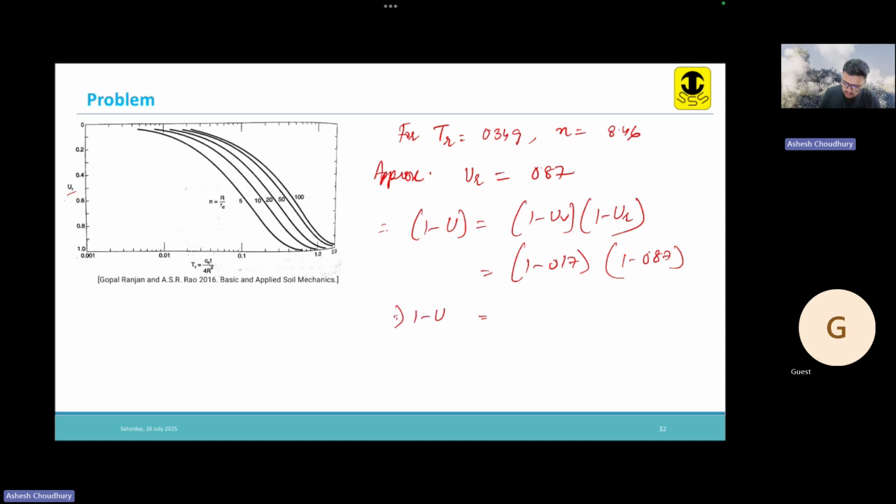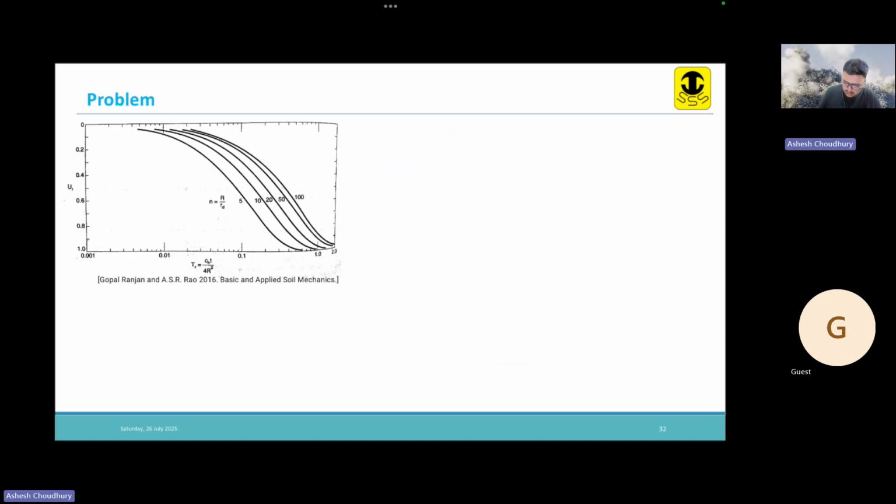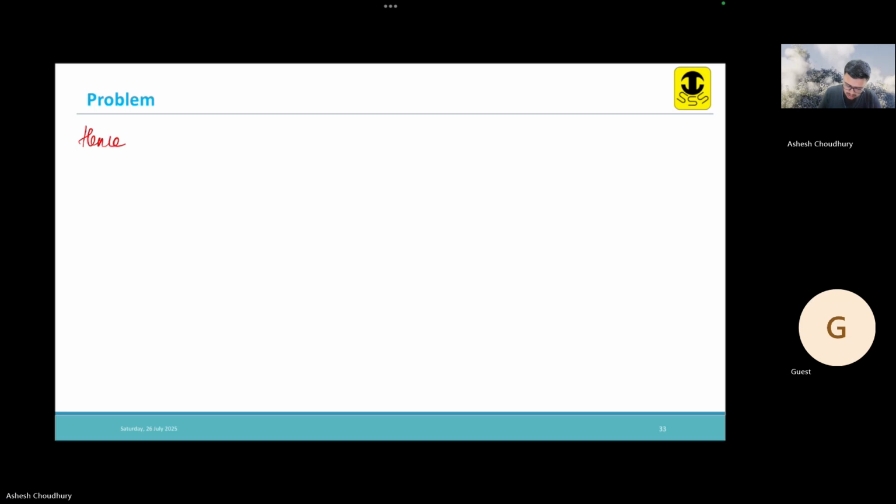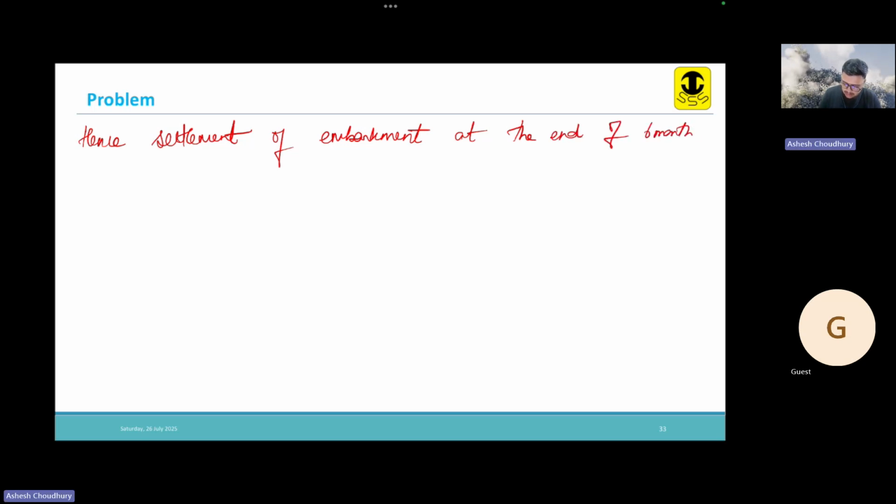1 minus U, that is 0.79. So my U will come out as 0.9. Hence, the settlement of the embankment at the end of 6 months is equal to, at the end of 6 months, how much? 0.9 into 162 equals 144.5 mm.